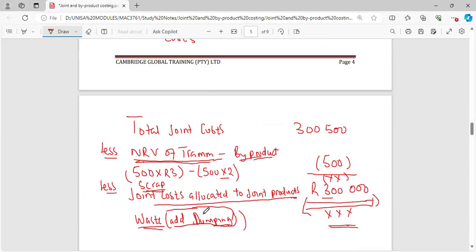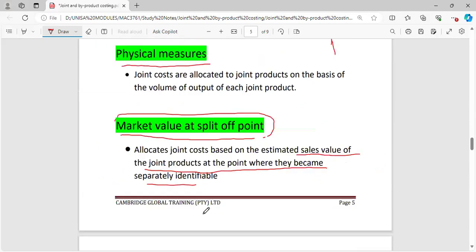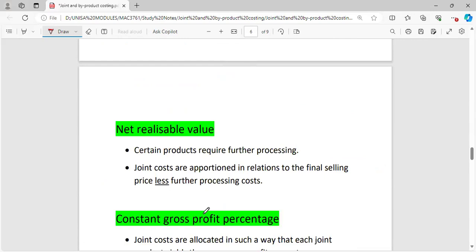Right, then let's look at another method, the net realizable value. Some of the products might require further processing. If a product requires further processing, then you are going to allocate using the net realizable value. The net realizable value is after you deduct further processing cost.